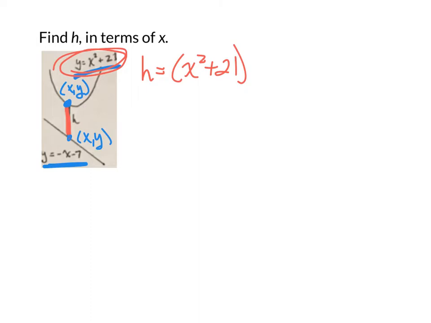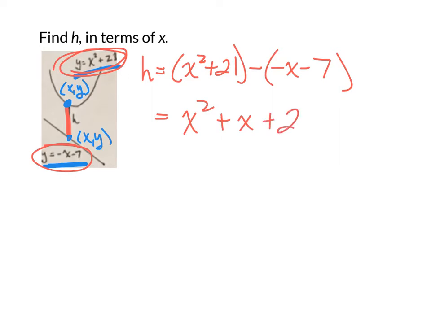Then I'm going to subtract the smaller y-coordinate, and the one on the bottom is described as -x minus 7. Now we have an expression that we can simplify: x squared plus x, and then 21 minus -7 is plus 28. And now we know the length of h in terms of x.